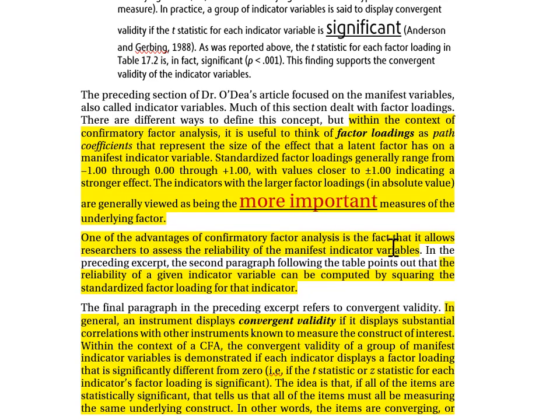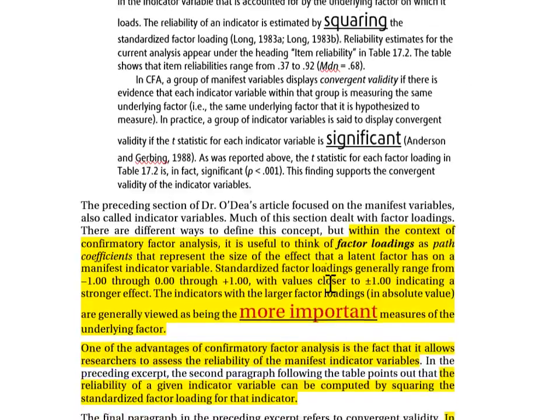The reliability of a given indicator variable is computed by squaring the standardized factor loading for that indicator variable. Okay, so we have looked at the table and we've seen what the reliability indices are for those indicator variables as measures of the factor. In a minute we'll come back to that and we'll talk about whether it's relatively good, relatively bad. But now let's continue with the text that is on page 13.